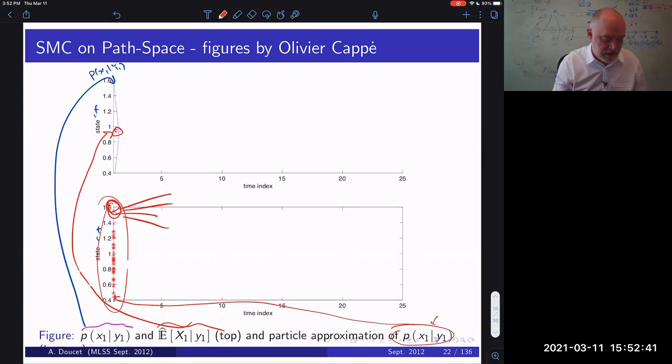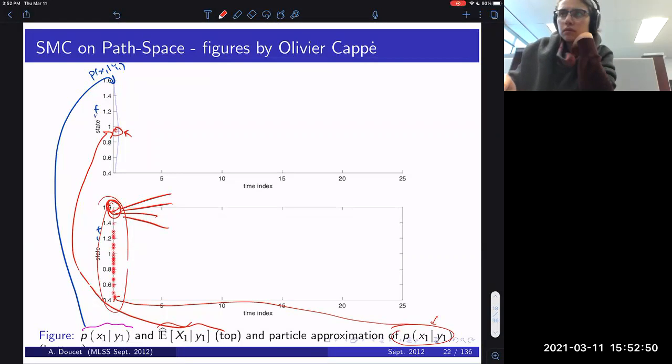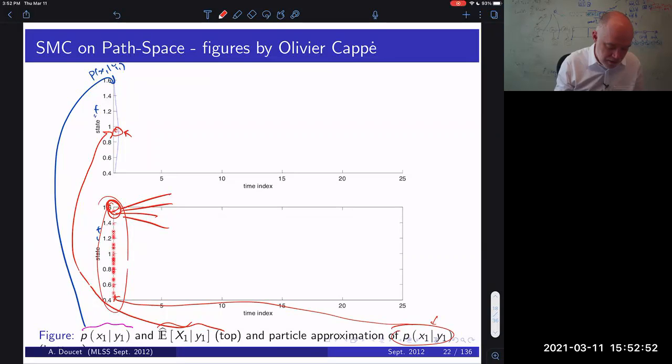It doesn't make any sense, because it doesn't explain the observation well. We know for a fact that it didn't explain the observation well because it's very far from the posterior probability. And particles that explain the observations well have high posterior probability, right? So this one, no children for you.